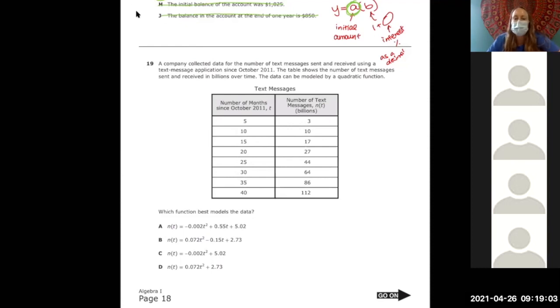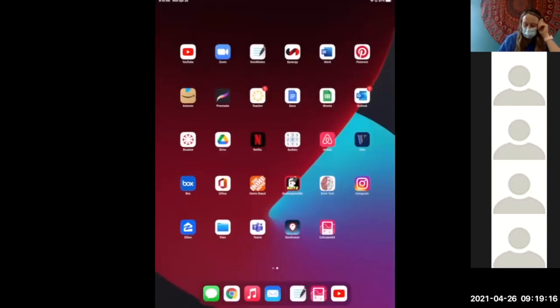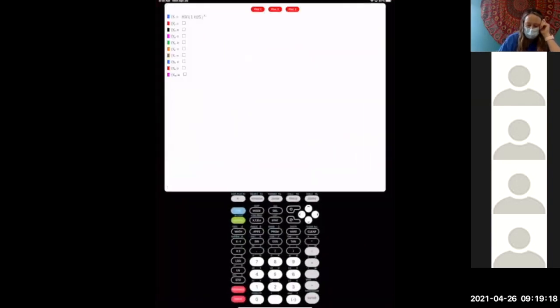All right, let's go over how to do this one in the calculator. So what we're going to do is take these equations and type them into y equals. So we've got, Ava, do you think that you can read me the equations?